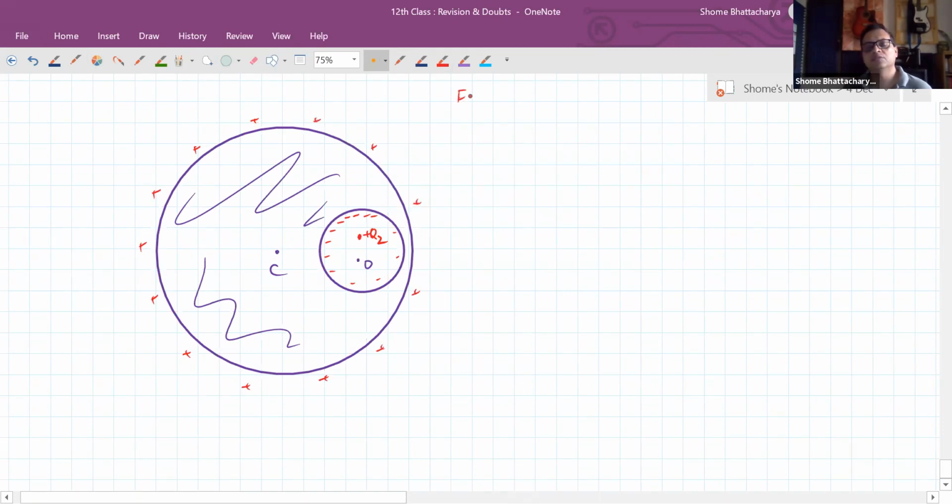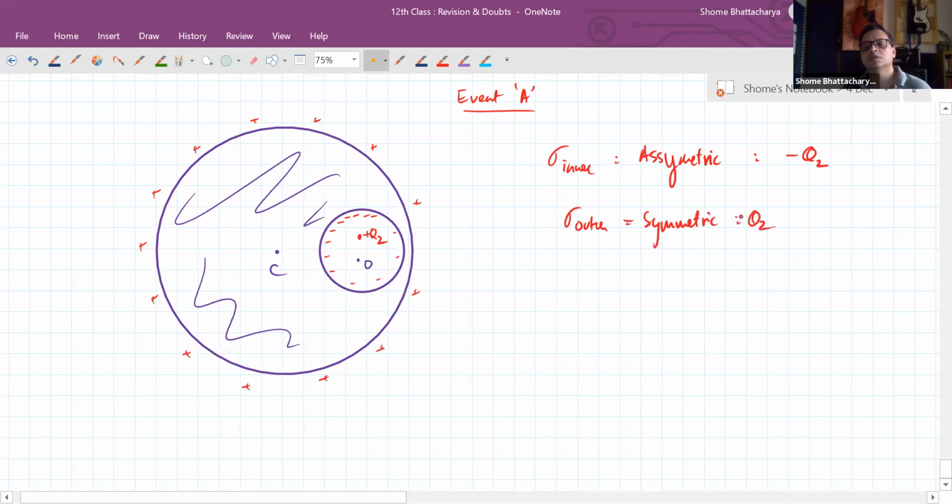So if I take this as my event A, the result of event A is that the inner surface has asymmetric charge, but net charge of minus Q2, and the outer surface has symmetric distribution of plus Q2. So the outer surface has sigma of plus Q2 upon 4 pi R square.